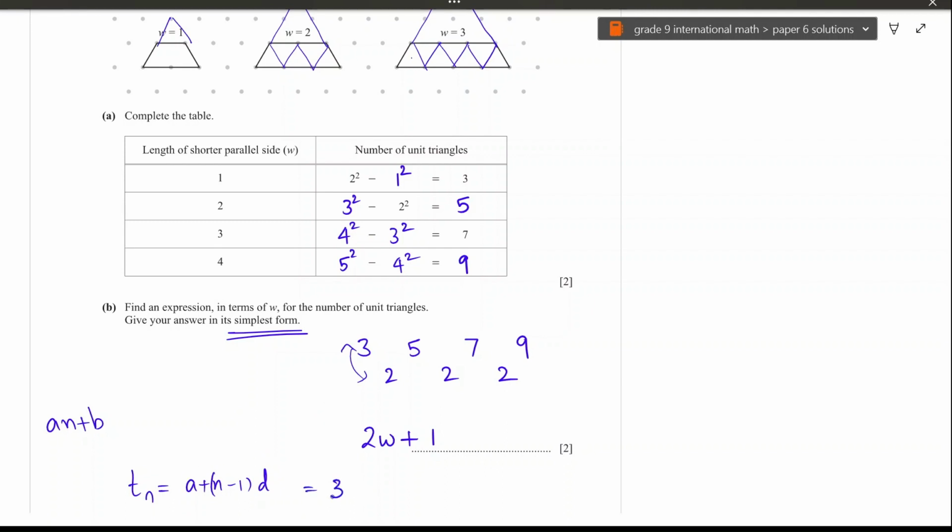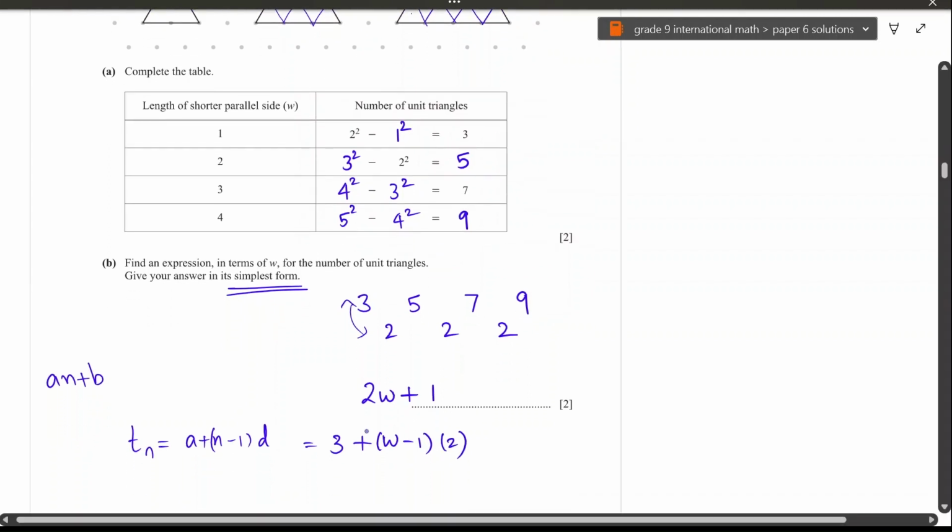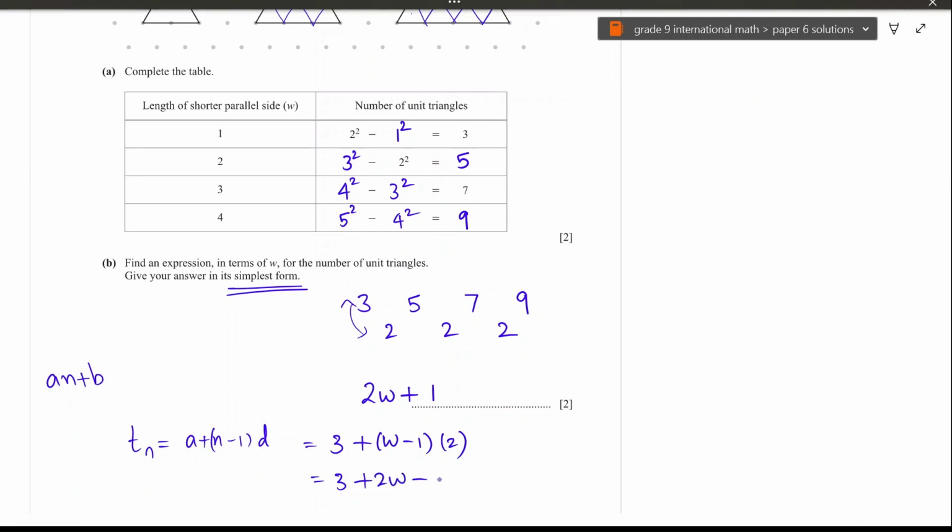So in this case it is 3 plus w minus 1 into 2. If you simplify this, you get the same answer, 3 plus 2w minus 2, which simplifies to 2w plus 1. So the final answer is the same. You can use whichever approach you feel comfortable.